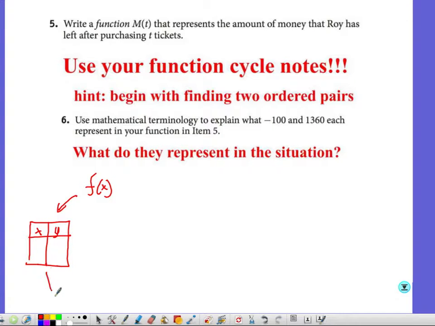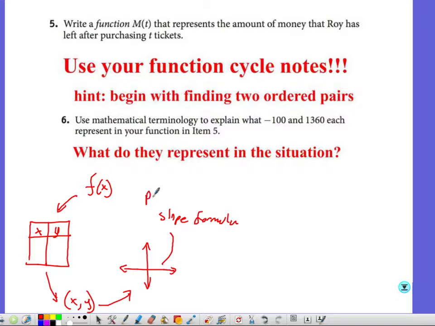From the table, you can get your ordered pairs. From the ordered pairs, you can graph the function. And from the graph, you have to use the slope formula and the point slope formula in order to get back to the original function.